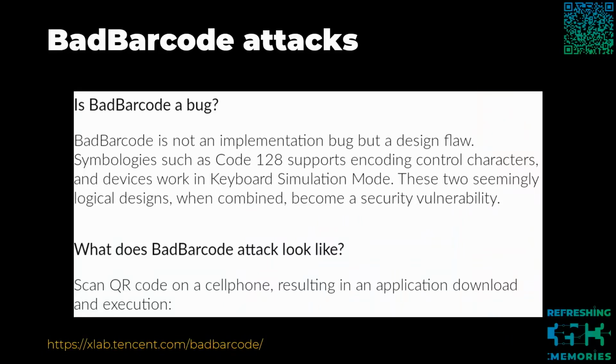Thanks to the Chinese guys from Tencent X Lab, who told us a funny story about how to bypass the cashier and put a specially created QR code to download and execute an application.